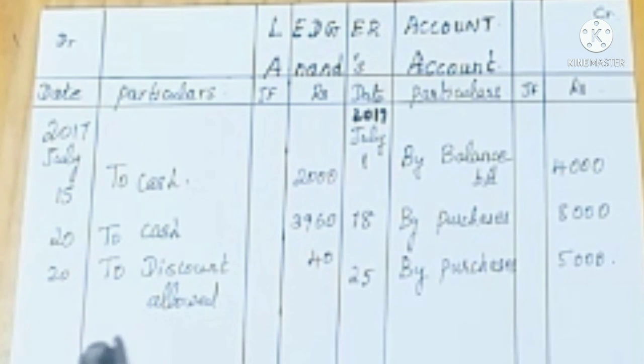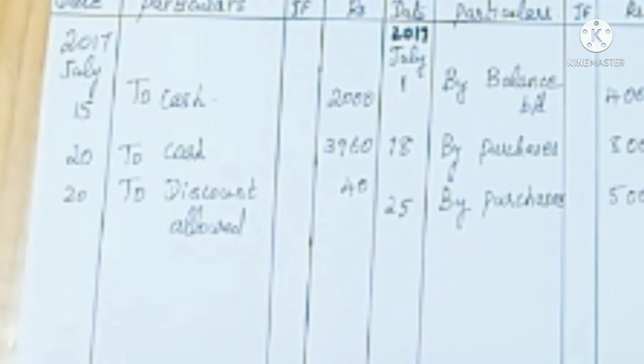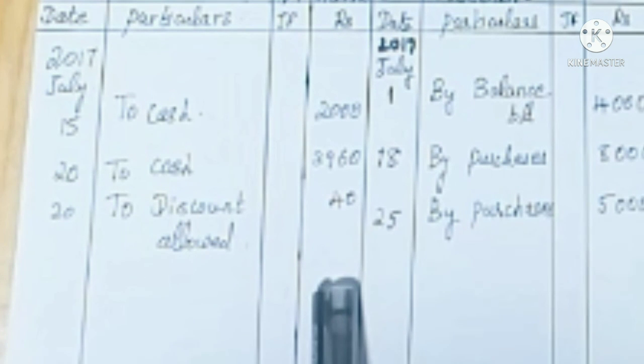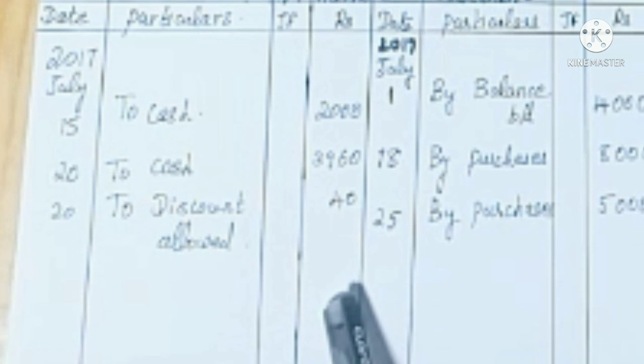We have posted all the entries. Now we have to find the higher total. Let's see which side has got the higher total. When we total the debit side, we get rupees 6,000.